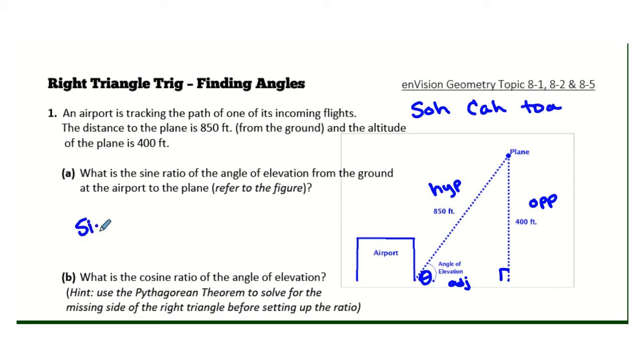Sine of theta is going to be opposite over the hypotenuse. So 400 over 850. They just asked for the ratio. The ratio means a fraction, so that's all I have to do for this one. If you want to reduce this, you absolutely could.